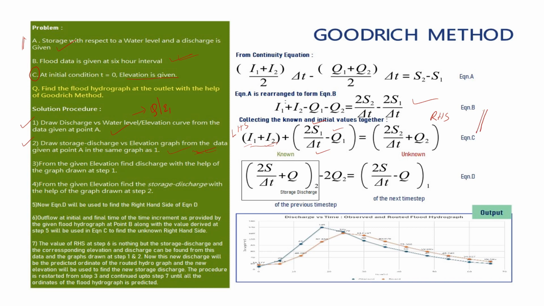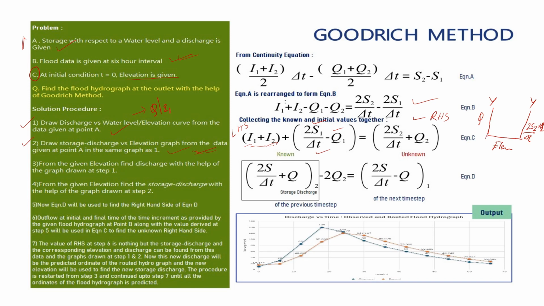So this is y, this one is y also. One is your outflow and the other is the RHS of equation C, from the storage elevation outflow data given at point A. So this is your data, del T. This is your elevation on the x-axis.